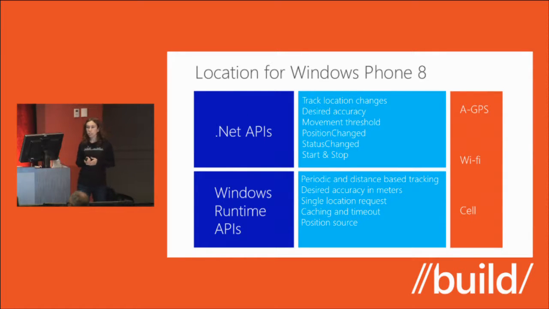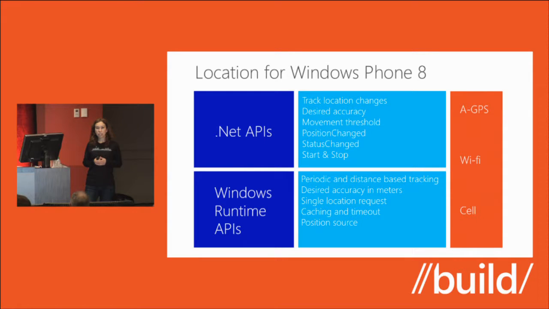In addition to this API, and in an effort to align the 2 platforms, we are bringing over the Windows Runtime API for location. And conceptually, this API is similar to the .NET API, but the functionality is way richer. In addition to distance-based tracking, you can track the location periodically.